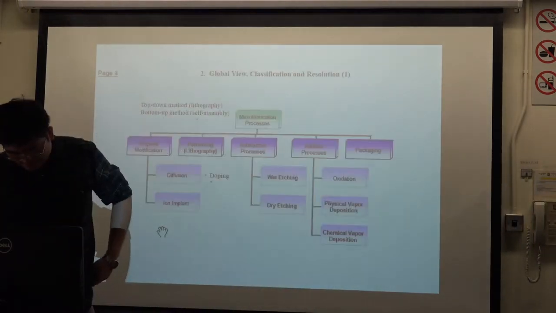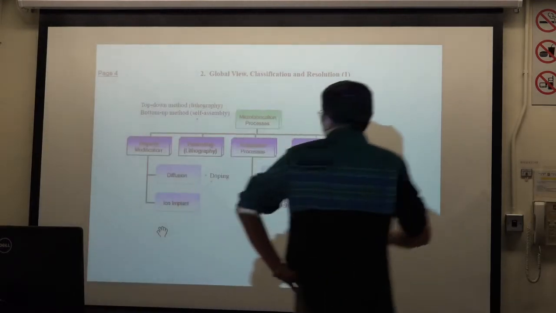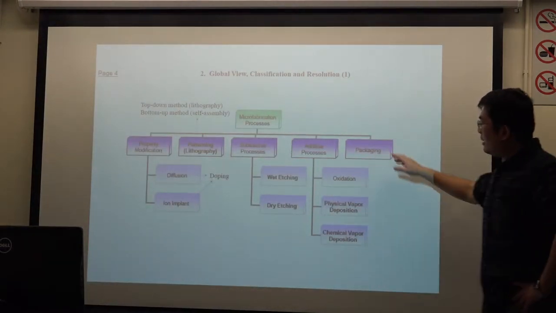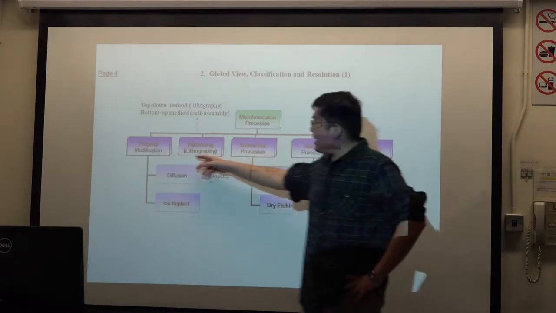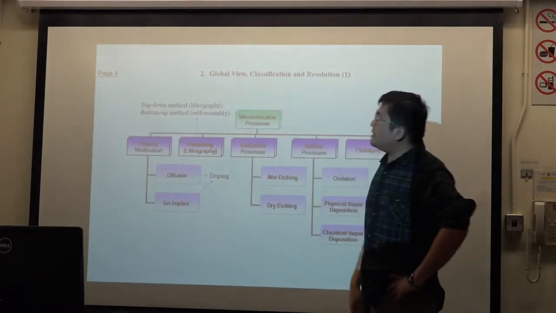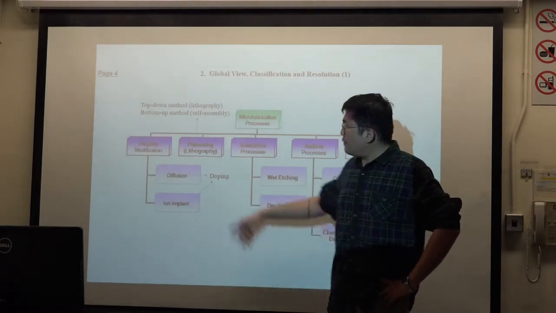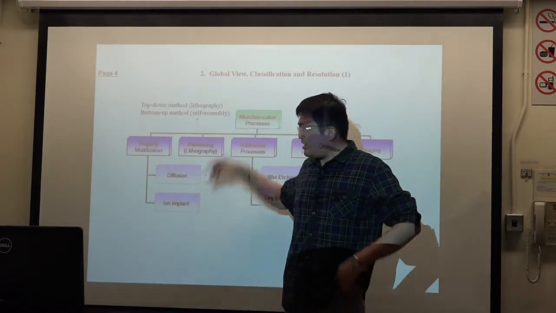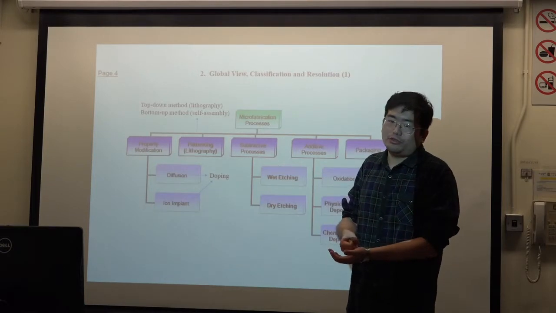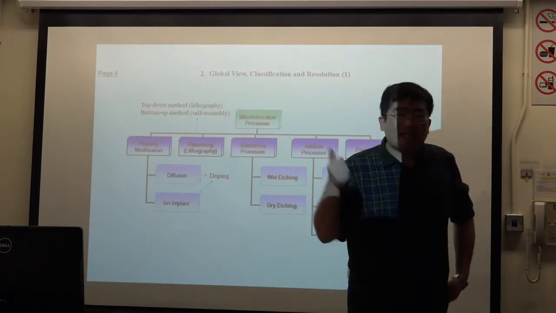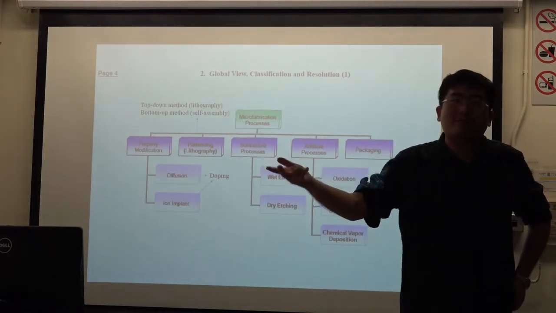This is the motivation. Nano fabrication has five parts. First, you can revise the property of the material, just doping, using the diffusion method or the ion implantation method. When you dope the material, you can change the electrical, optical, mechanical, and thermal properties.